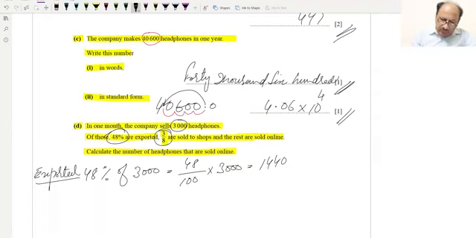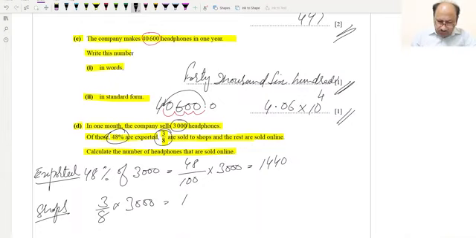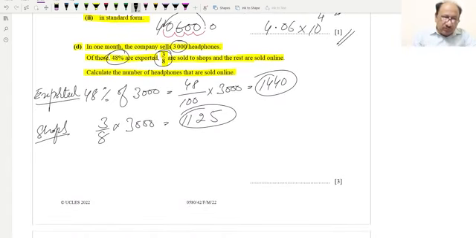And then the shops: it will be 3 by 8 of the total, which is 3000. We can calculate 3 over 8 of 3000, and this is equal to 1125. So this number and this number, we will subtract from 3000, and this will be the online selling.